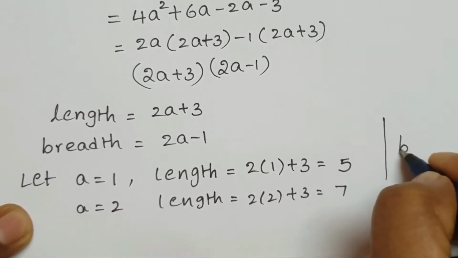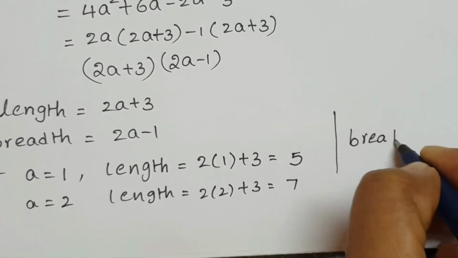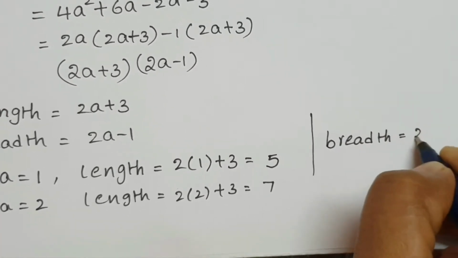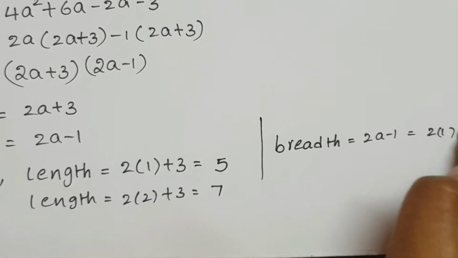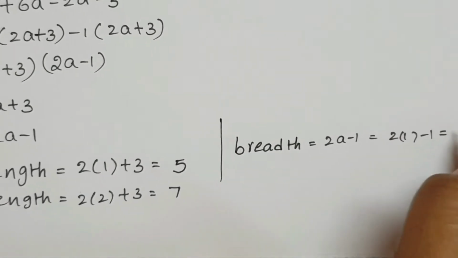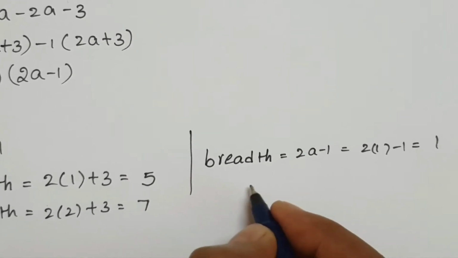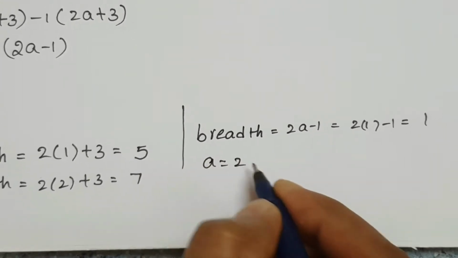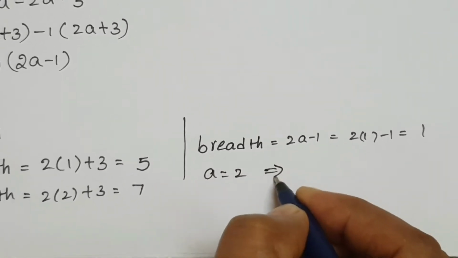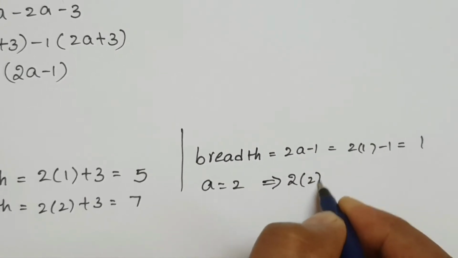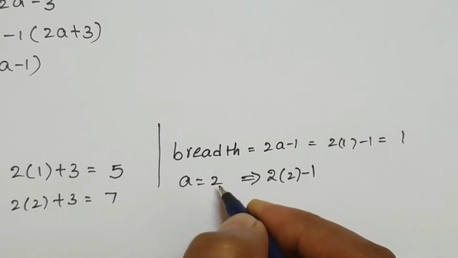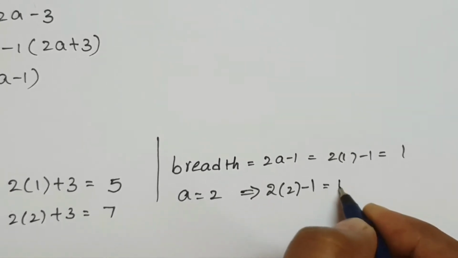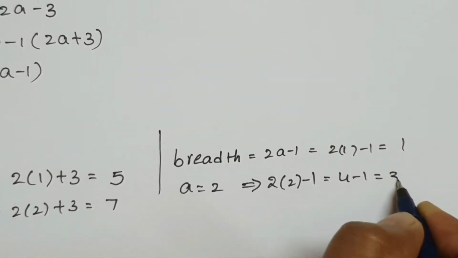Breadth equals 2a minus 1, which means 2 into 1 minus 1, 2 minus 1 we get 1. Next, when a equals 2, find breadth: 2 into 2 minus 1, 4 minus 1 we get 3.